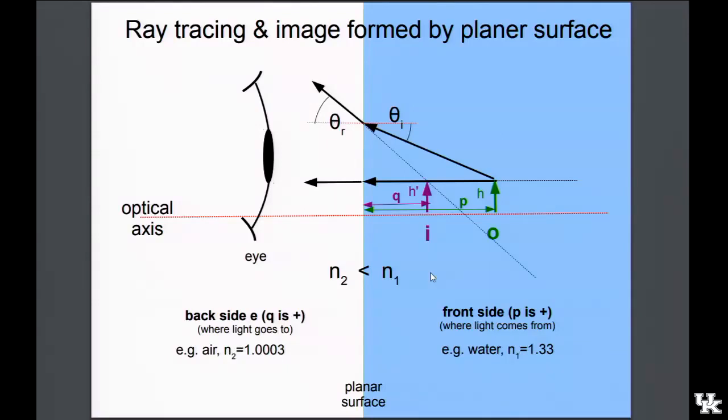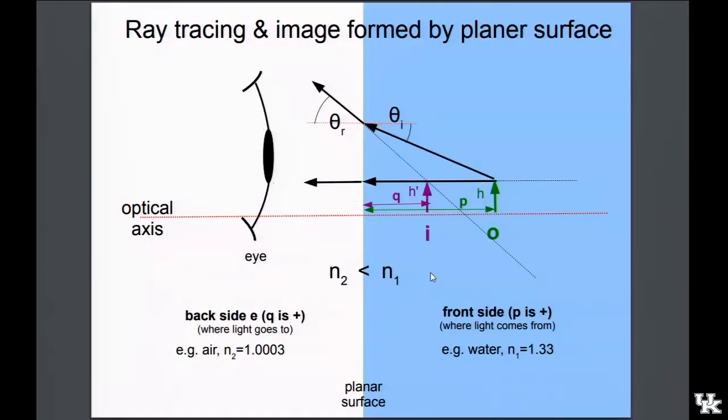And then also on this picture, what we're going to construct is the image of the fish that I see. And it's in magenta here. I labeled it I. And again, we'll use this language: P is the object distance from the boundary between the two surfaces here, and Q is the image distance from the boundary between the two surfaces here.